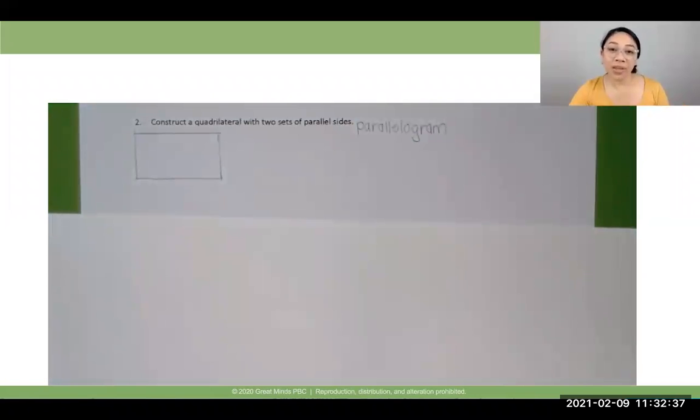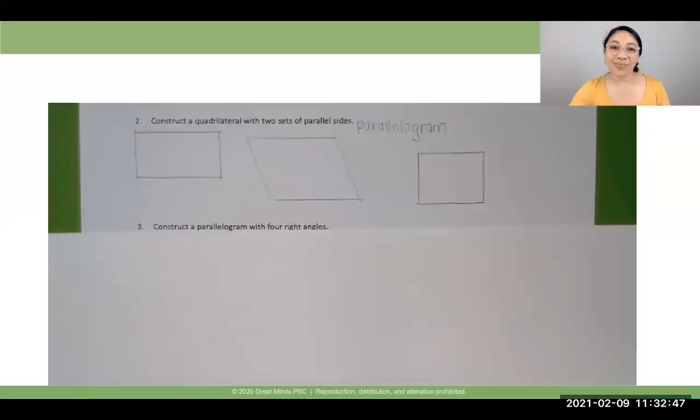I'd like you to pause the video here now to construct 2 more parallelograms for problem 2. I'll see you back here in a bit. Welcome back. Did you happen to notice that some of the quadrilaterals in problem 1 and 2 are the same? Let's take a look.